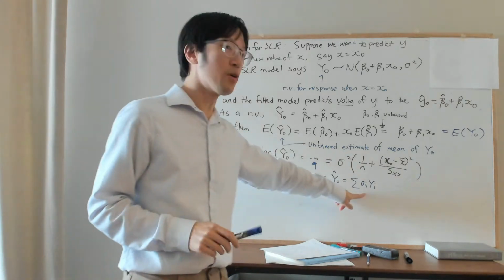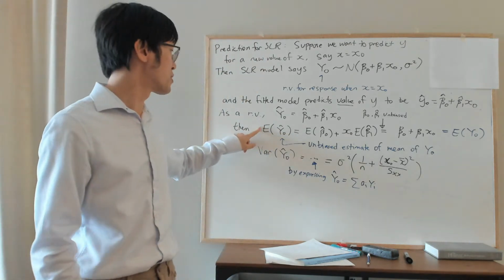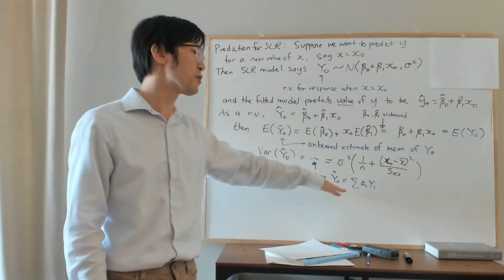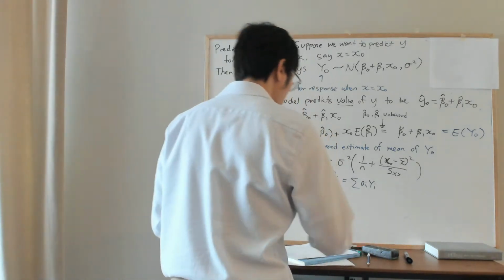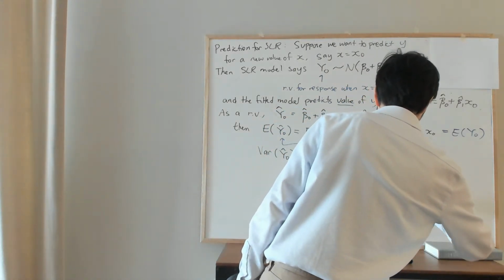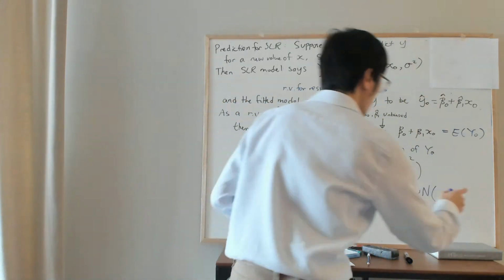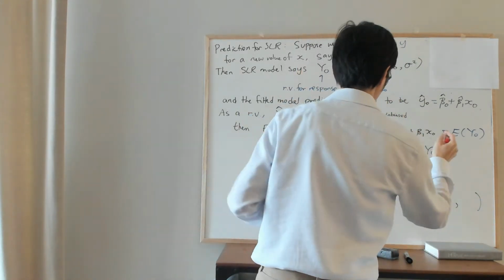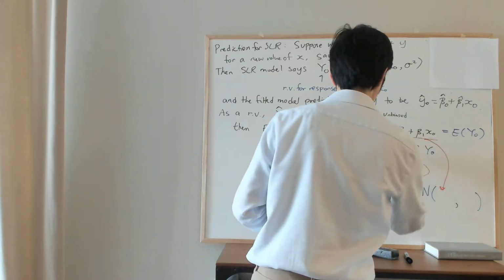Because of this property, we also know that not only does y0 hat have this mean and variance, it is specifically normally distributed with this mean and variance, because it can be written as a linear combination of independent normals. So this implies that y0 hat is normal with that mean and variance. This mean goes in here, and this variance goes in here.